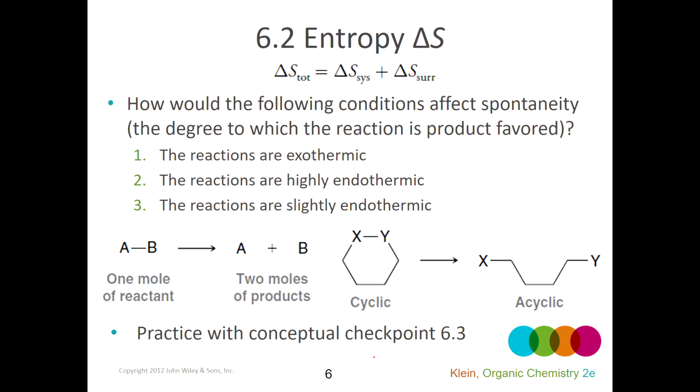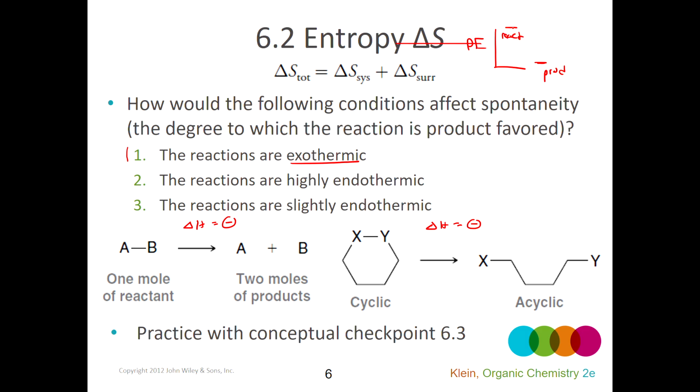All right, so how can we combine this together to look at spontaneity? Let's imagine that these reactions are exothermic. So let's say somehow they're more stable on the product side than the reactant side, and we could say that for both these examples. So we're just looking at this first condition here. If delta H is negative, that means the potential energy of the products is lower than the reactants.